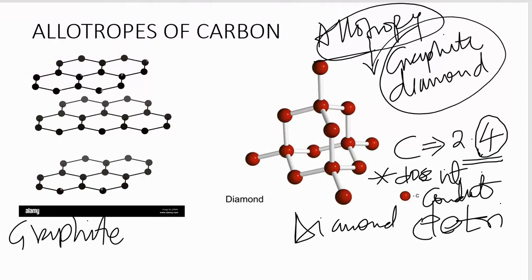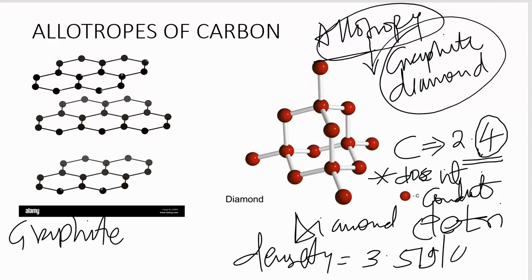Another thing you should know about diamond is its density. Its density is high, almost 3.51 grams per cubic centimeter, and it is high due to the continuous close packing of the carbon atoms.